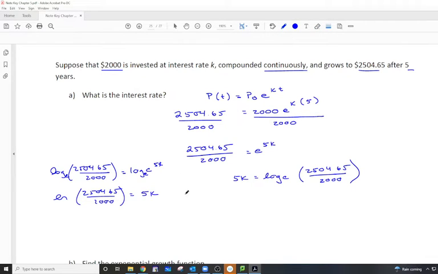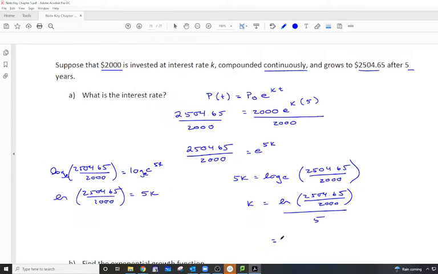Same deal. So now to get k, we're going to divide by 5. So it's going to be the ln of $2,504.65 divided by 2,000, all divided by 5. Plugging this into my calculator, I get the ln of bracket $2,504.65 divided by 2,000, unbracket, all divided by 5.